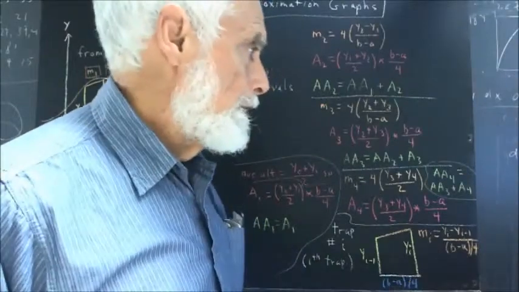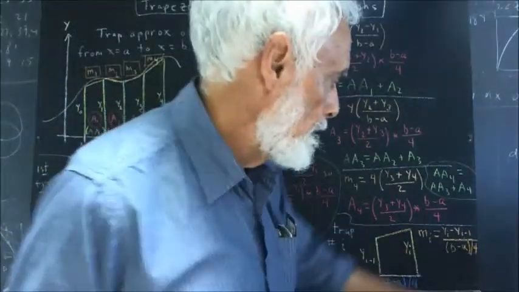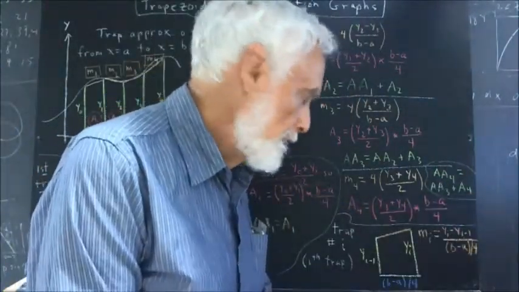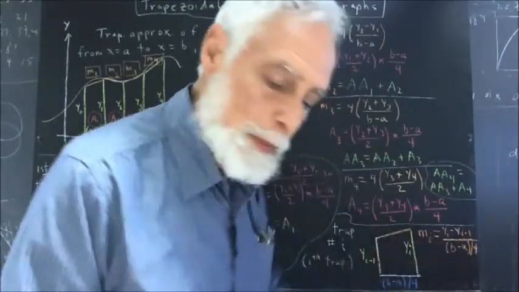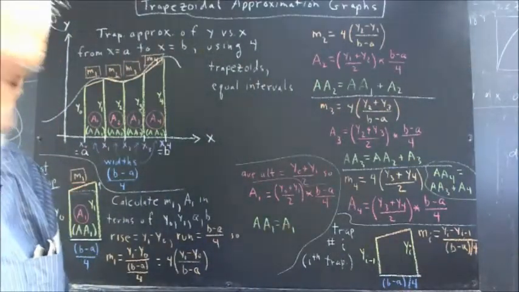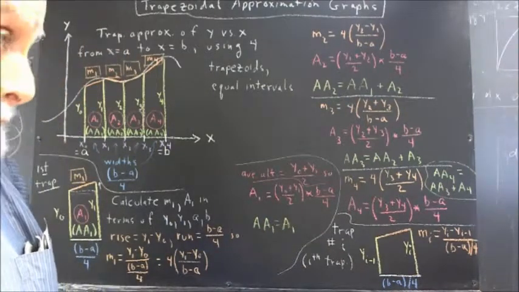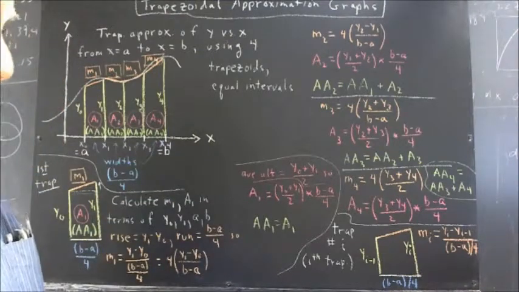And our denominator is just the width, which is b minus a quantity over 4, which I write this way. Now we know that we could simplify that into a simple fraction, 4 times y sub I minus y sub I minus 1 over the quantity b minus a. But I'm not going to bother with that just now. We'll use that when we have a reason to.